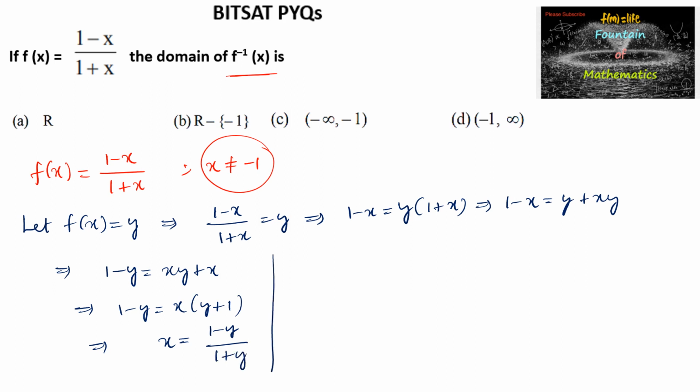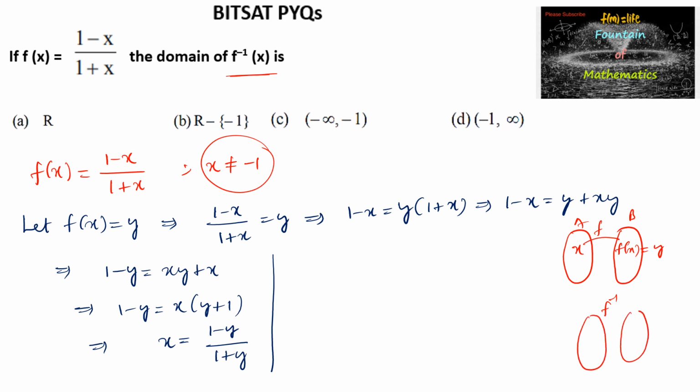So basically, a function is defined from A to B. The image of x can be taken as f of x here, or we can take y. And in the case of the inverse function, when this is bijective, f of x, that is y, will come as f inverse of y. f inverse of y is equal to x.